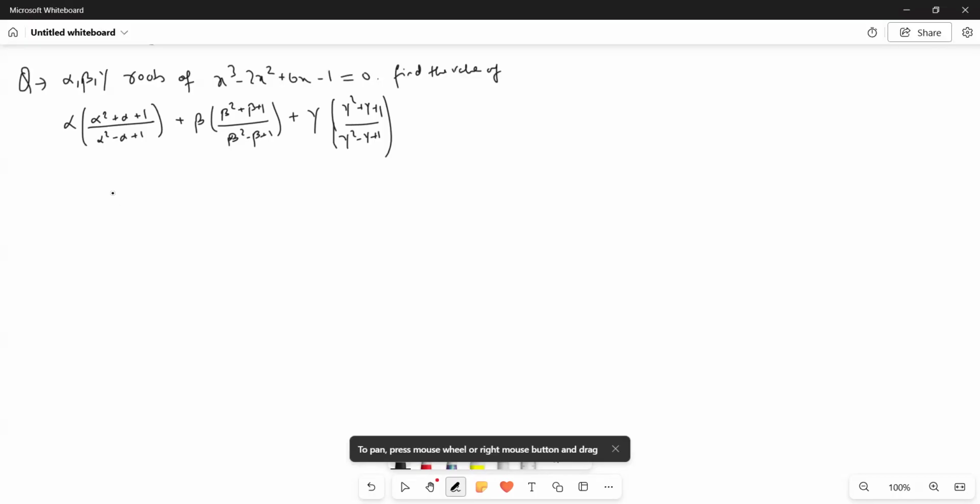Okay, method of solving. Let's say we start with (alpha square plus alpha plus 1) by (alpha square minus alpha plus 1), multiply and divide by alpha minus 1. So (alpha minus 1)(alpha square plus alpha plus 1) हो जाएगा alpha cube minus 1, डिवाइड बाई नीचे में आ जाएगा alpha cube minus alpha square plus alpha minus alpha square plus alpha minus 1.